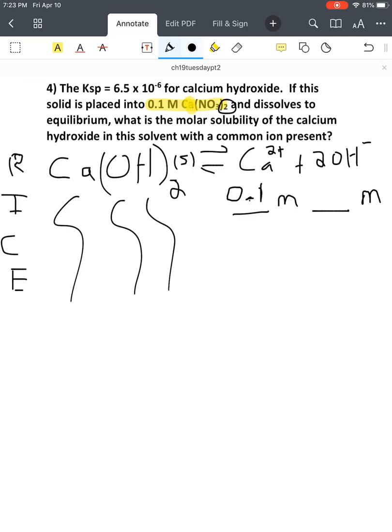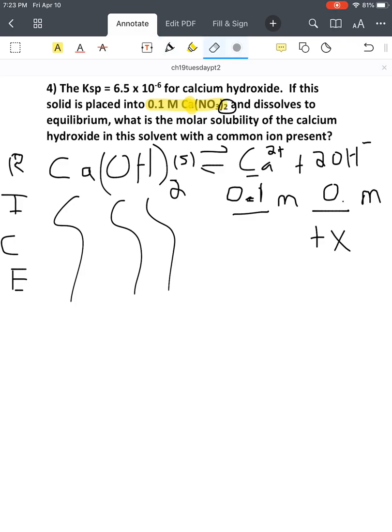But the thing is, this particular equilibrium really only cares about calcium. So we put 0.1 mole per liter as our initial concentration of that ion, and we'll add a big fat 0 for our hydroxide.